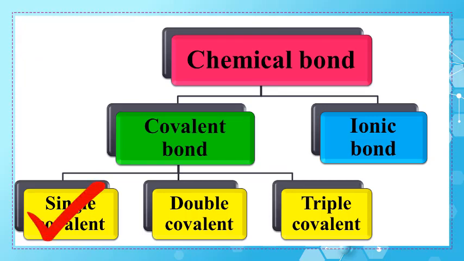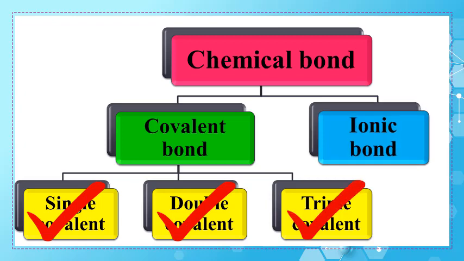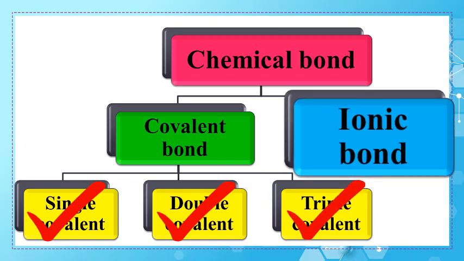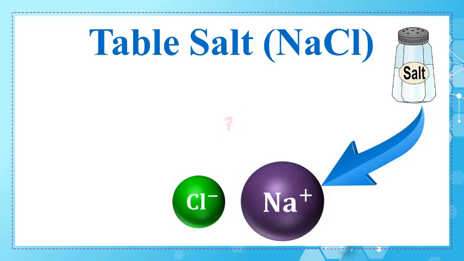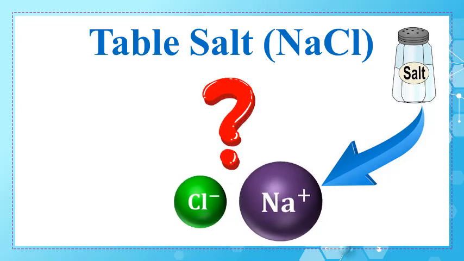We've explained the single, double, and the triple covalent bonding, and now we are going to explain the ionic bonding. Consider the table salt NaCl, and let's look over the type of bond between Na and Cl.